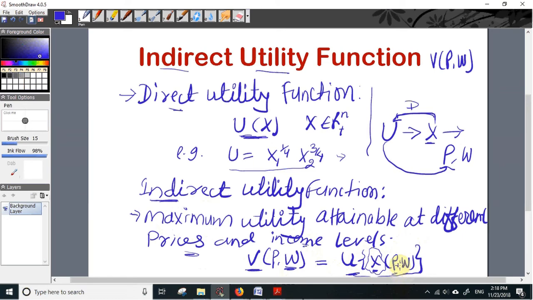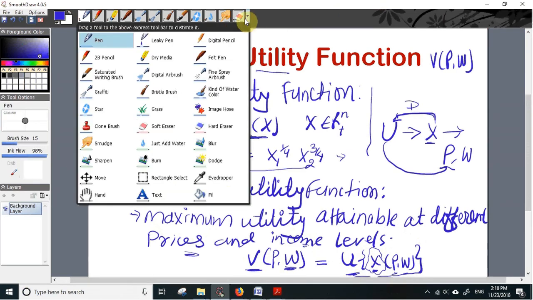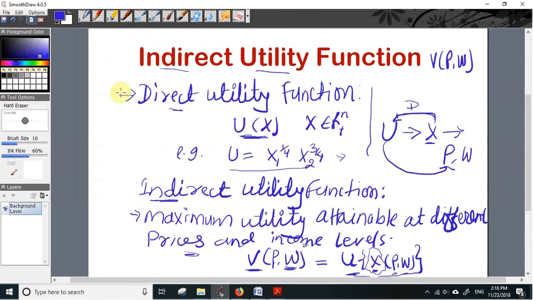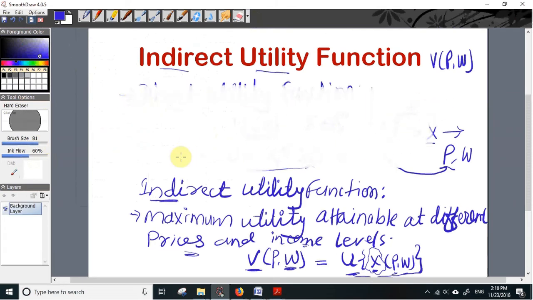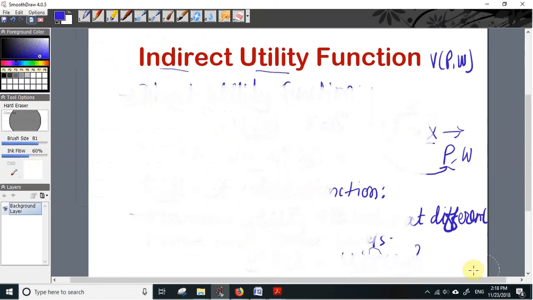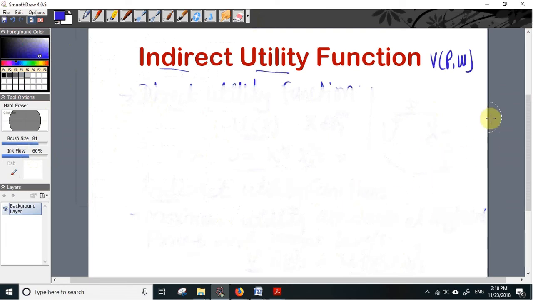Now let us derive the indirect utility function in the case of some types of preferences. The first example here is the case of Cobb Douglas preferences.